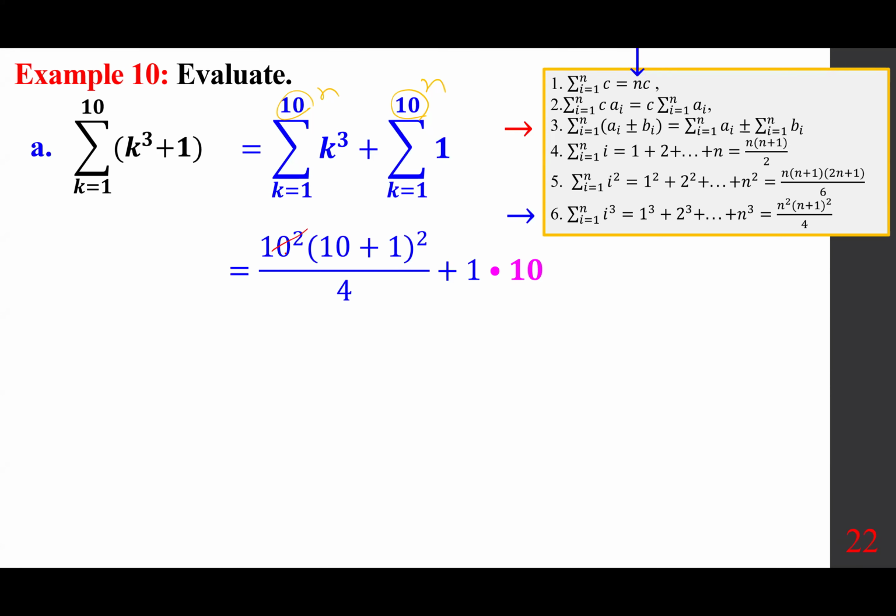As you know, 10 squared is 100, and divided by 4 is 25. 10 plus 1 is 11, squared is 121. Multiply by 25, you get 3025. Plus 10, you get 3035.